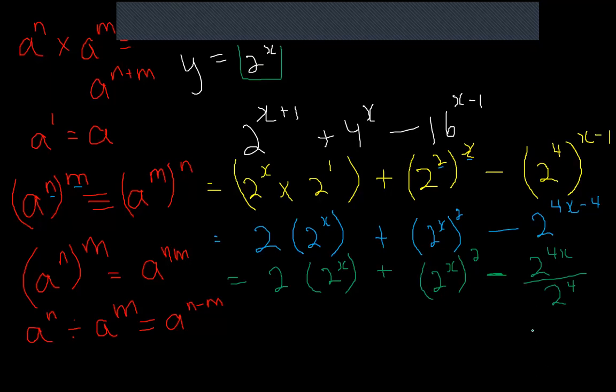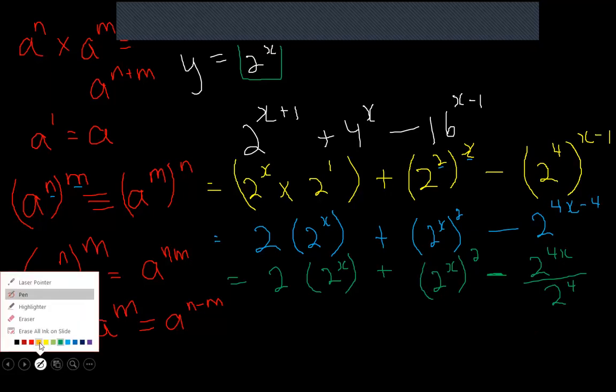Looking at this rule, a to the n divided by a to the m, if I said 2 to the power of 4x divided by 2 to the power of 4, that's the same as saying 2 to the power of 4x minus 4, according to this rule. You good with that? Yes, miss.